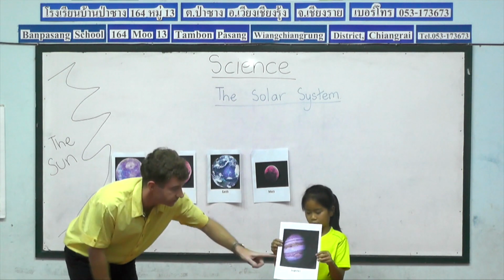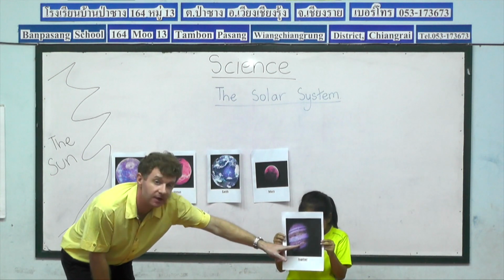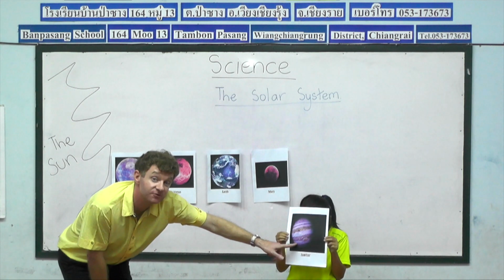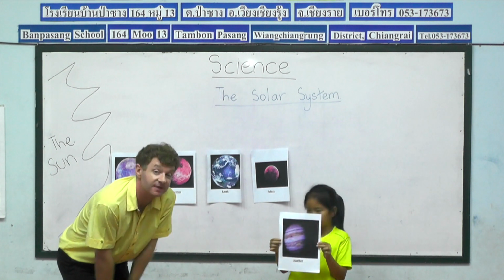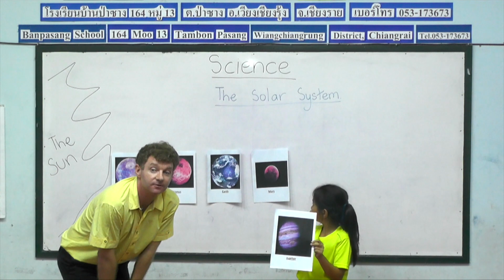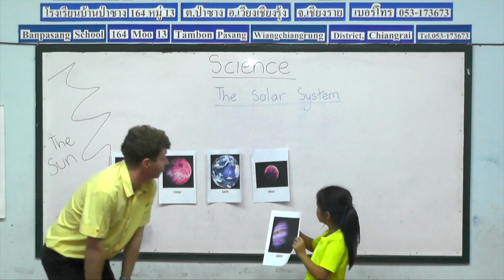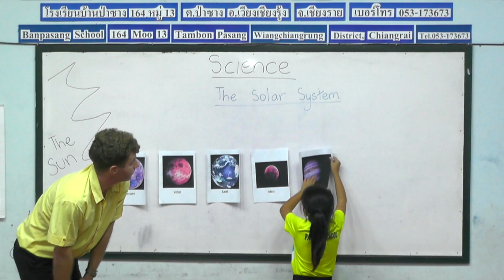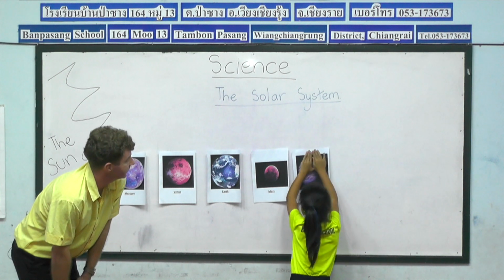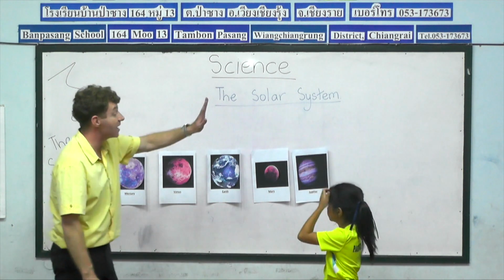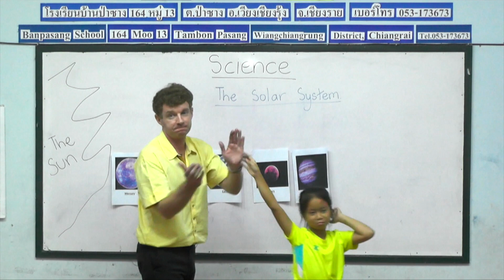Can we see here? You see this spot here on Jupiter, which looks like Jupiter's eye. So can we all say together, Jupiter? Jupiter. And then can we place Jupiter on our board? Brilliant, Prel. Excellent. Big high five and round of applause for Prel.